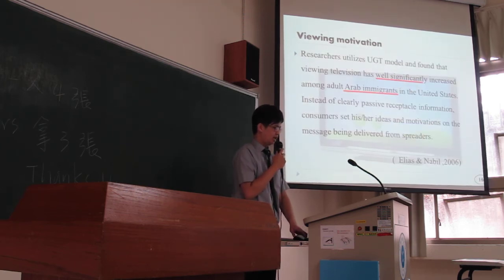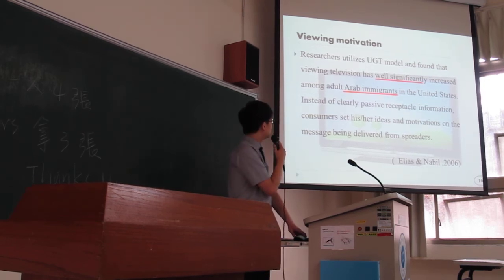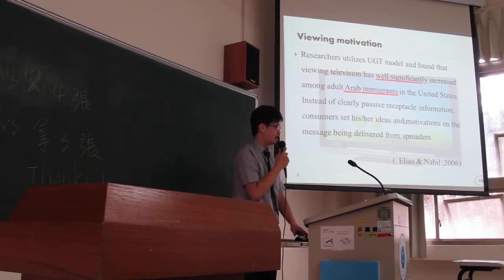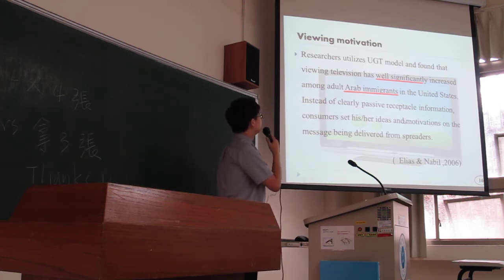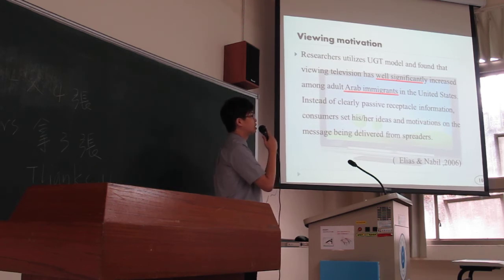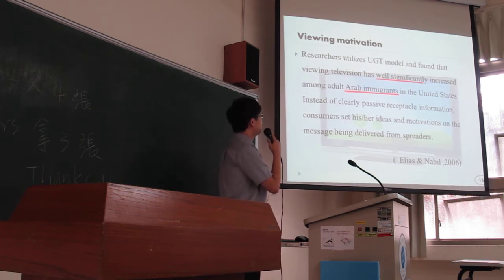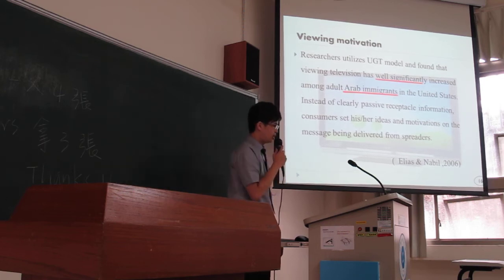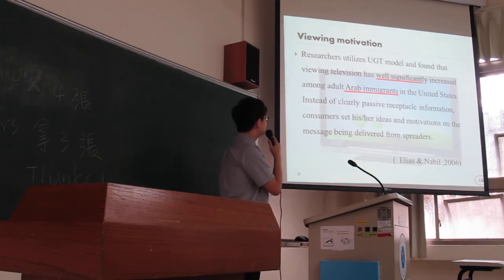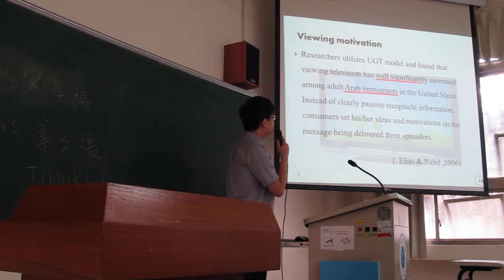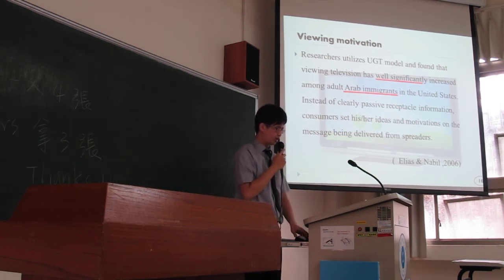Also, in 2006, the researchers analyzed UGT models and found that television viewing has significantly decreased among adult urban immigrants in the United States. And instead of passively receiving information, consumers set their own ideas and motivation on the message being delivered from scripters.